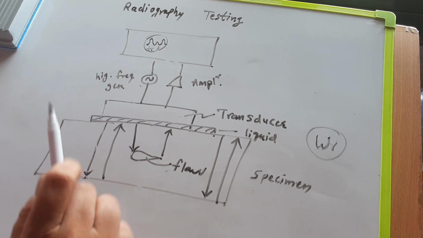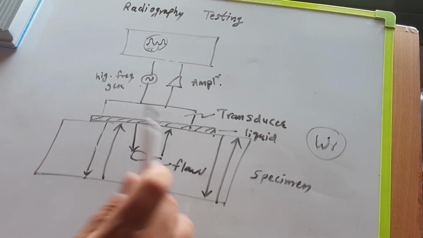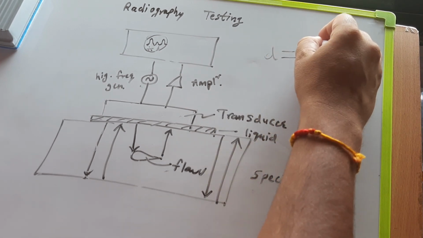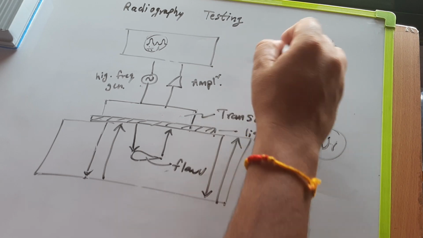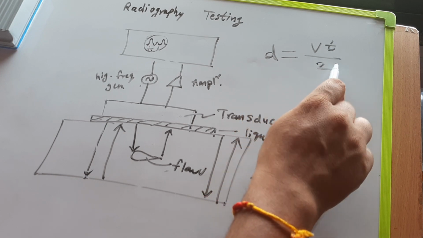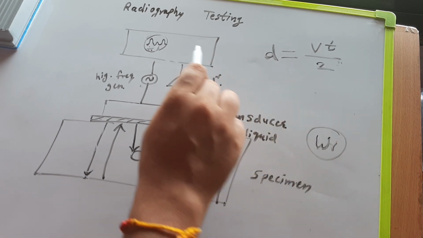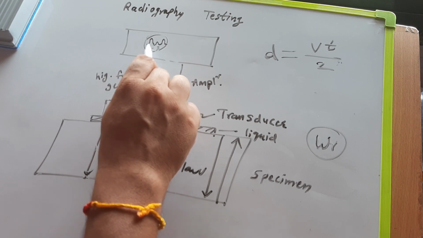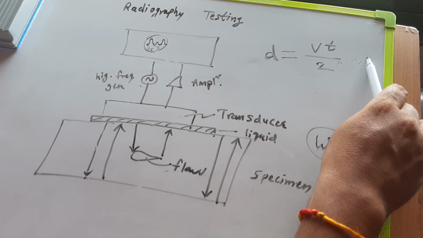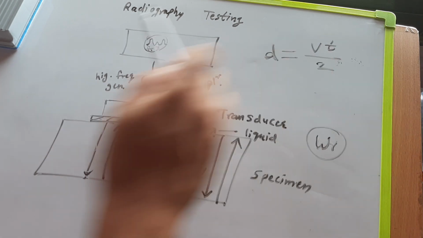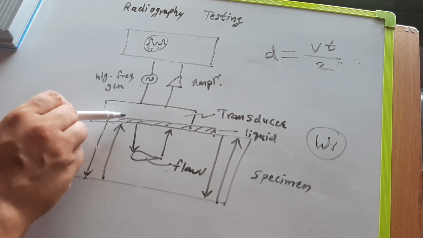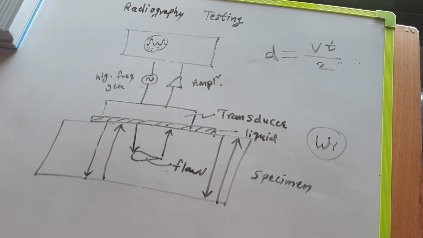So you can also find out the position of a defect by the formula D equals Vt by 2, where V is velocity and t is the time lapse between peak A and peak B, this and this. And of course it is divided by 2, because it is twice the distance it has to cover, so we have to compensate for that.